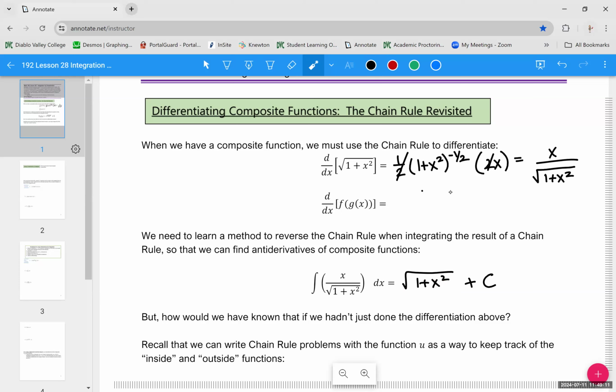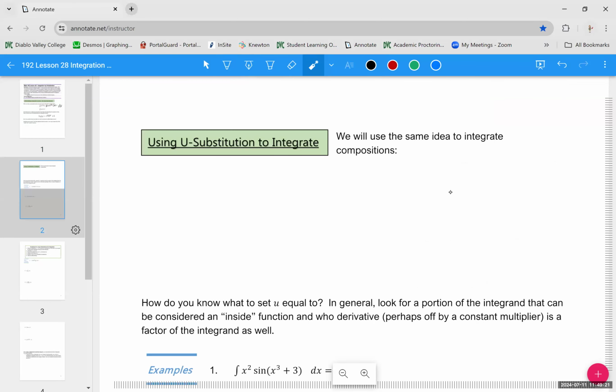Okay, and so we're going to use that same method we did when we learned the chain rule of writing inside and outside functions. So let me look at this here. If we were going to integrate, I'm going to start with 2x on top.